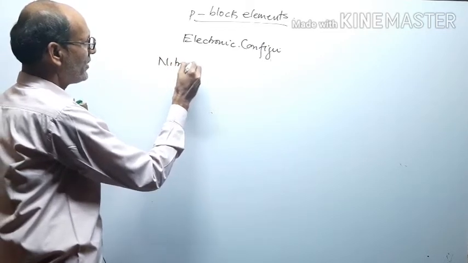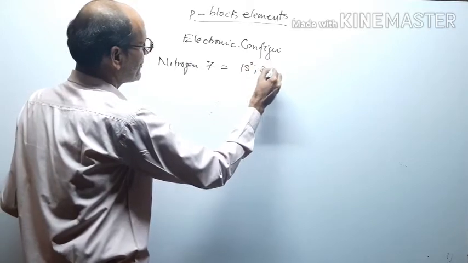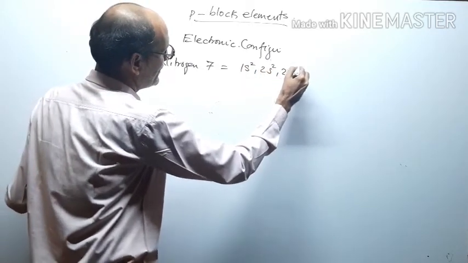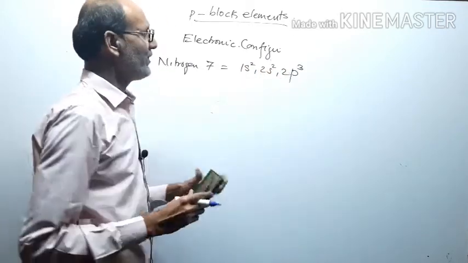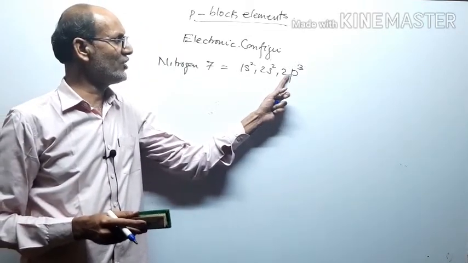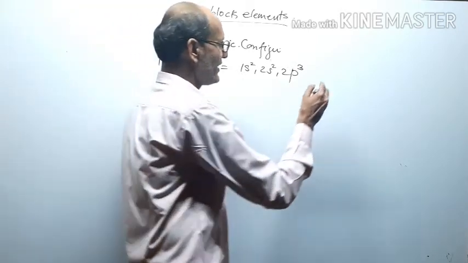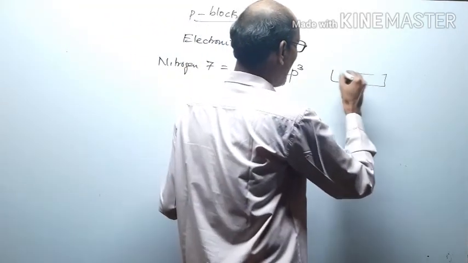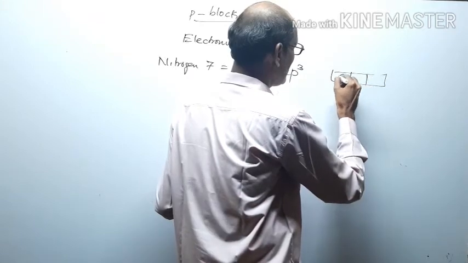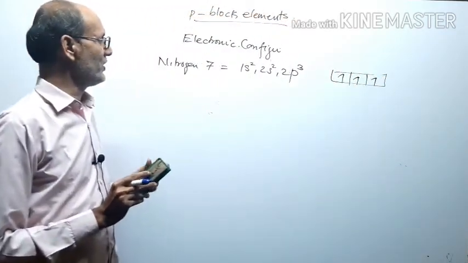Its atomic number is 7, and we can write 1s2, 2s2 and 2p3. You are seeing the differentiating electron here enters in the p subshell, and it contains 3 electrons. That means it has a stable configuration because it has half-filled p orbitals. Every group 15 element has this type of configuration.